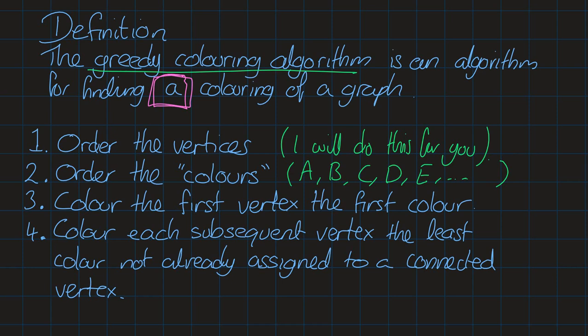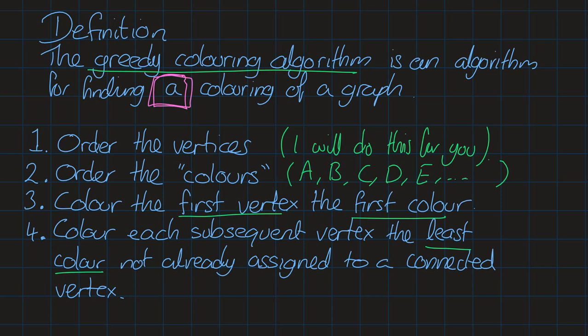Now let's get on to the actual steps of the algorithm. The first thing you do is color the first vertex the first color. So whatever vertex was number 1, you color it A, because A is the first color. Then each subsequent vertex you color the least color that's not already assigned to a connected vertex.